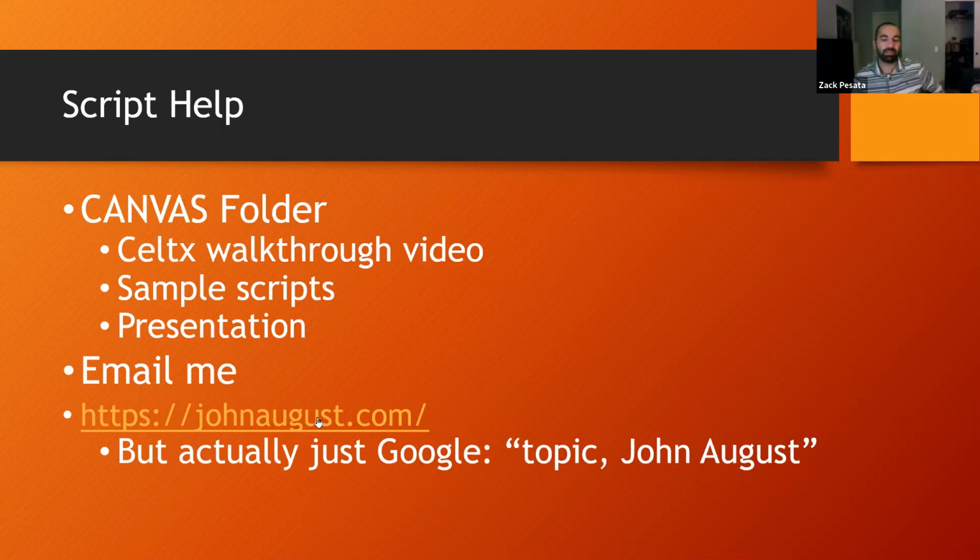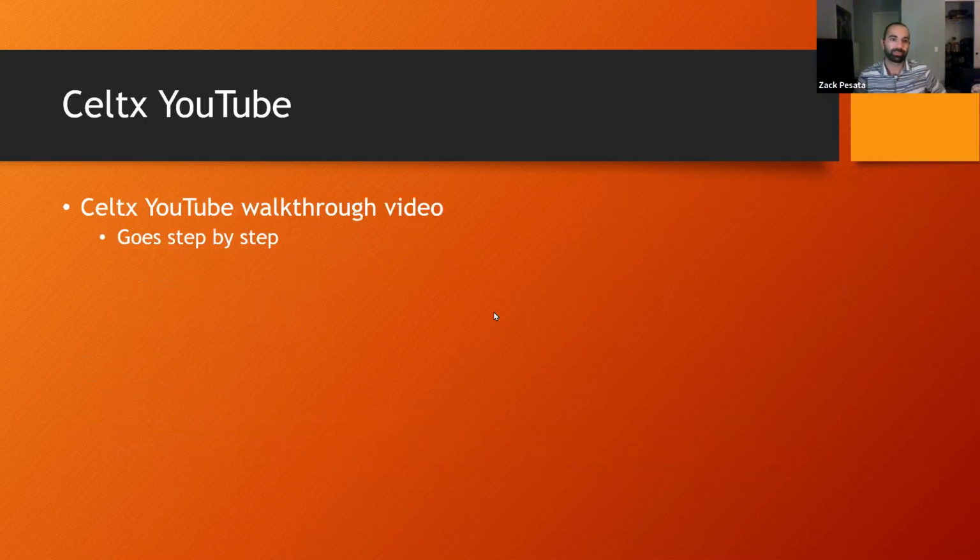And if you want to do outside research and you have a question on a specific thing, like how do I write an action sequence, a fight sequence? Again, there's no real strict rules with that, but if you want to see other examples, something I would suggest is just go to Google, type in writing fight scenes, comma, John August, and I guarantee it'll bring you to a blog post by John August where he goes over that. So it's a great resource.